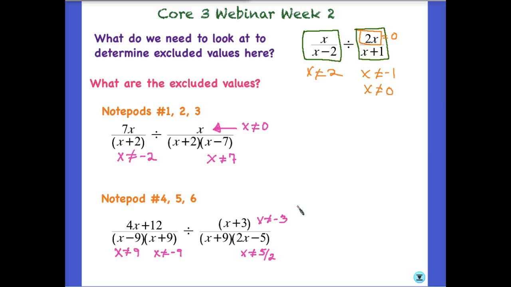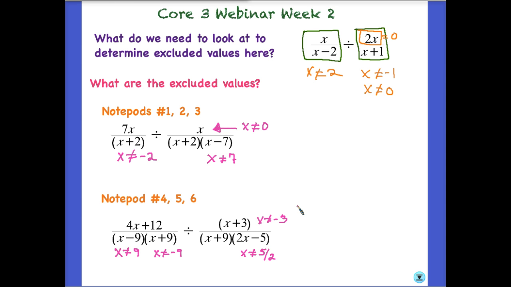And it will become really clear for you as to why this is so important as we start to graph these. Because you'll see how these end up graphing. They're kind of strange functions. And you'll see how they'll get up really close to that excluded value, but they'll never actually cross it.